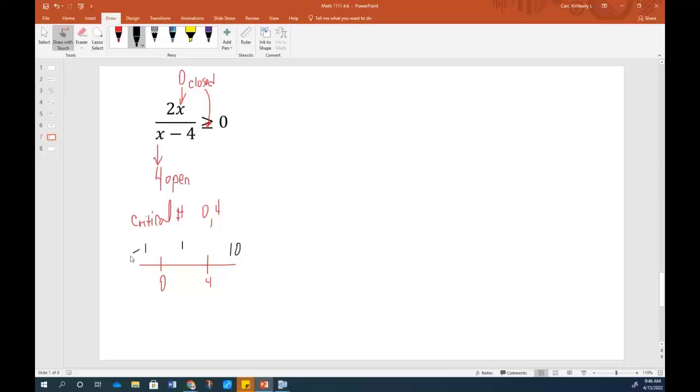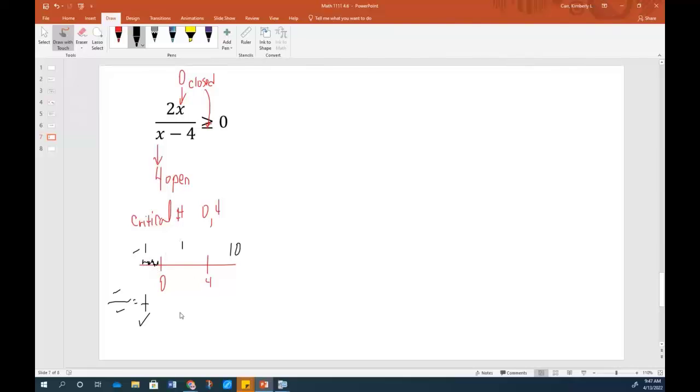You're just picking numbers. And what I typically do myself, you could use your calculator, but I generally just look at this and think of what the signs will be and what the overall value would be. So if I plug a negative in to the top, I get a negative. If I plug a negative into the bottom, I get a negative. And a negative over a negative is a positive, which is in fact greater than or equal to 0, so that works.